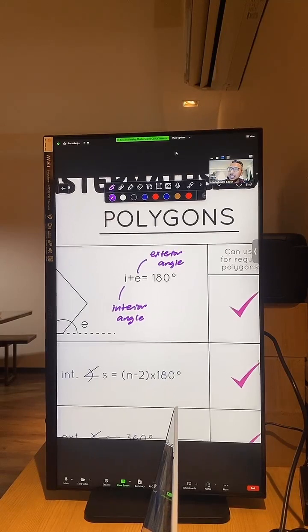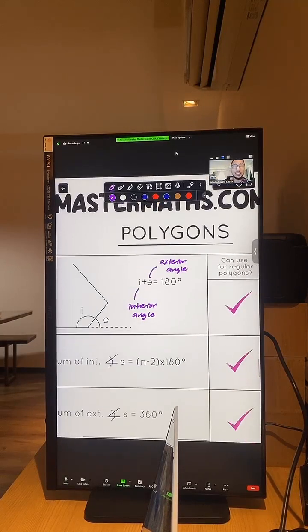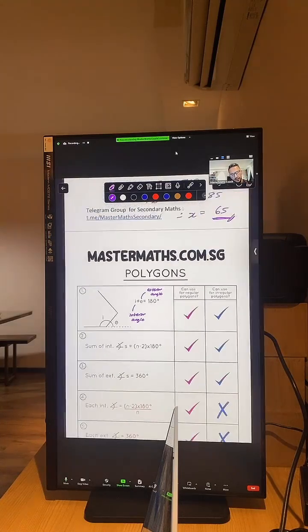Okay? Your interior and your exterior angle will always add up to 180. Whether you're talking about a regular polygon or an irregular polygon, doesn't matter. It will always add up to 180. Okay?